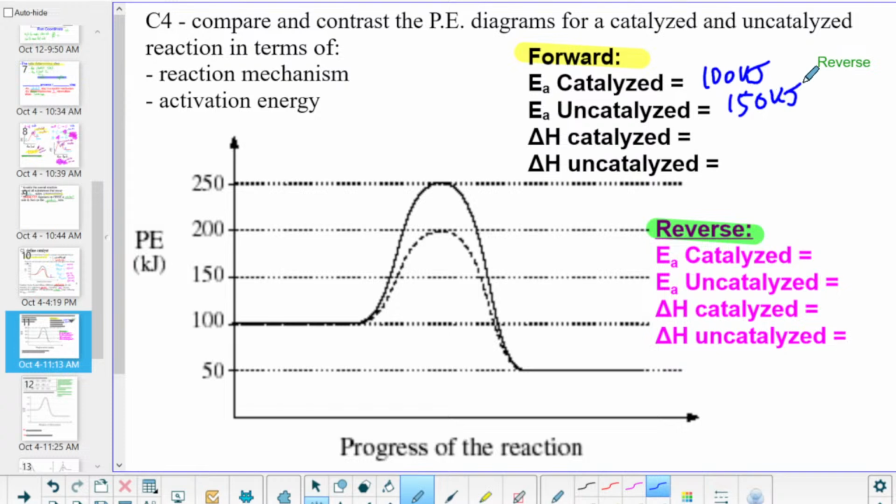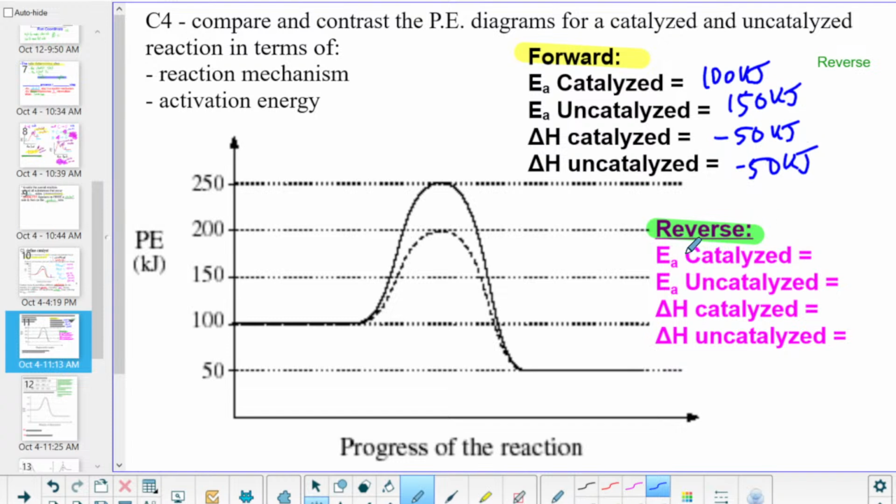Delta H catalyzed. This is all forward direction. Taylor, negative 50 kilojoules. Delta H uncatalyzed. Dylan, negative 50 kilojoules, so we should be noticing a pattern.